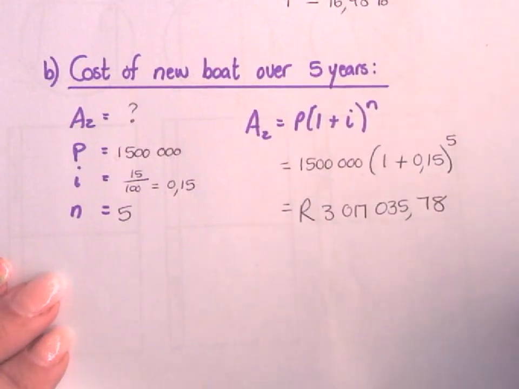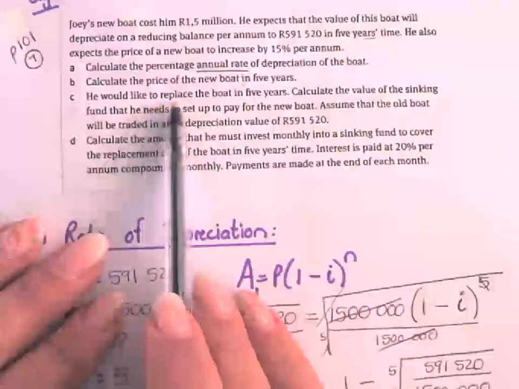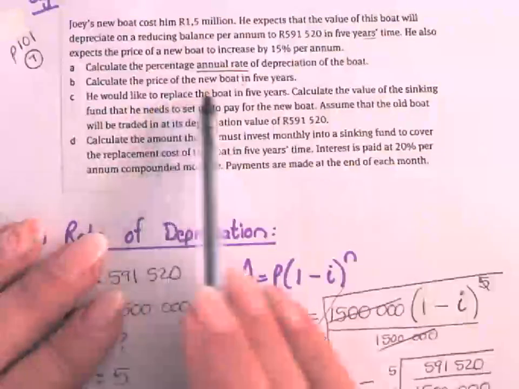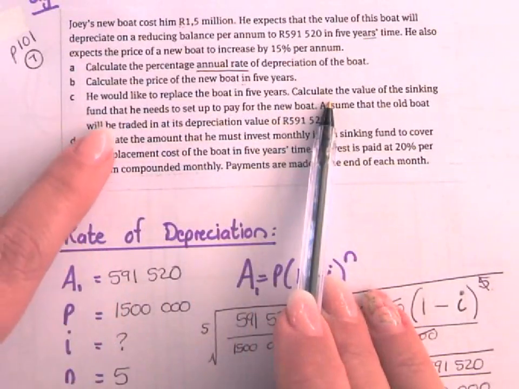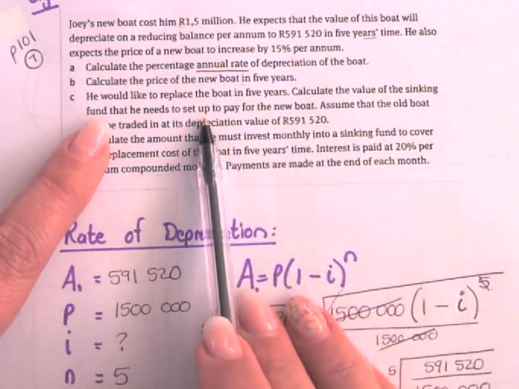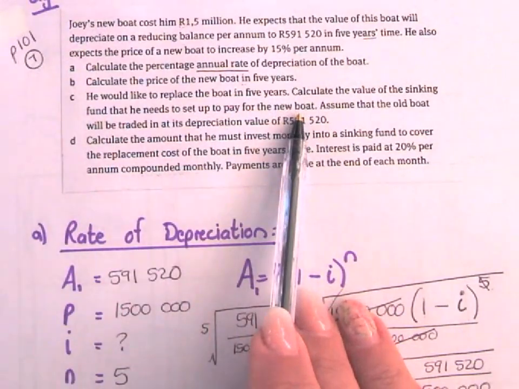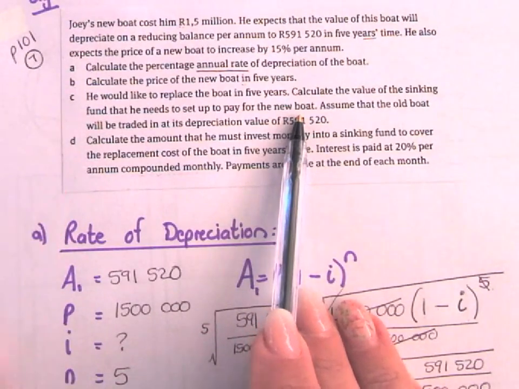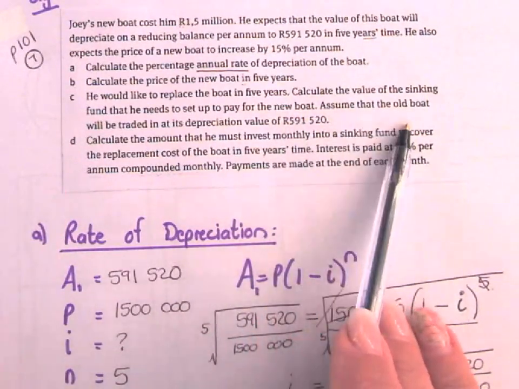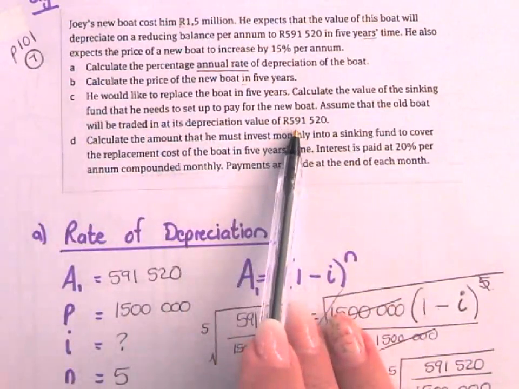Question C. He would like to replace the boat in 5 years. Calculate the value of the sinking fund that he needs to set up to pay for the new boat. So to get the sinking fund, it's the new price minus the depreciated value. Assume that the old boat will be traded in for 591,520.